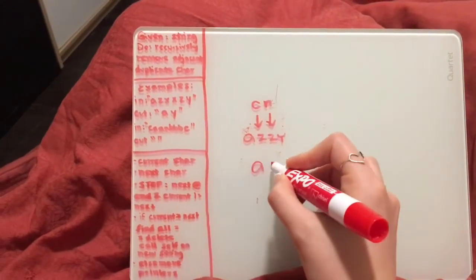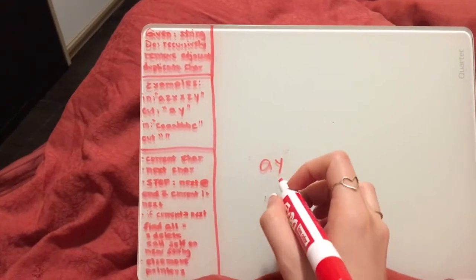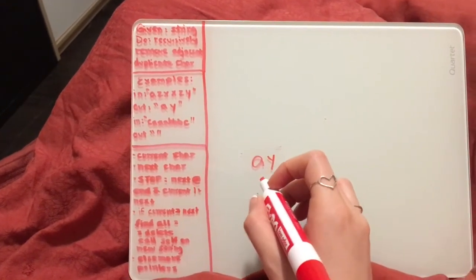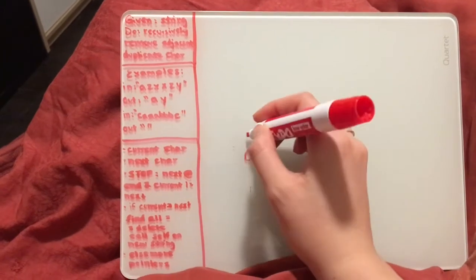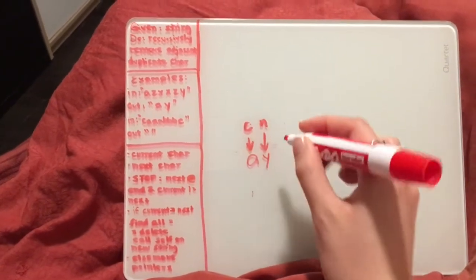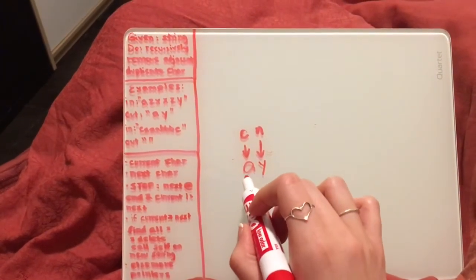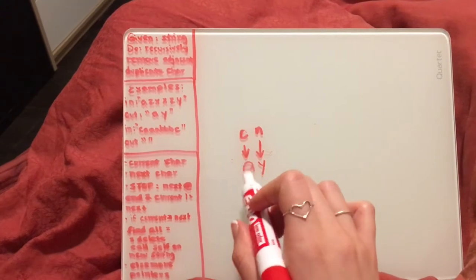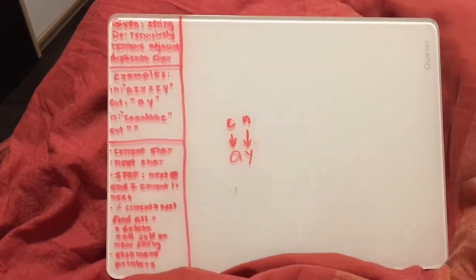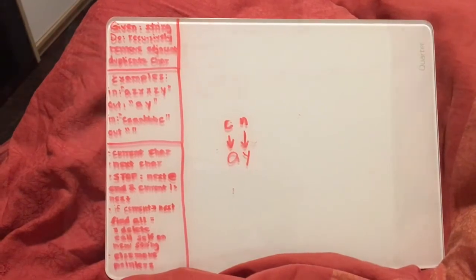Current, next, these are the same, so we'd end with A, Y. Then with A, Y, we'd call our method on this. We'd see that our next is at the end, and our current is not equal to our next. So we would return the string.